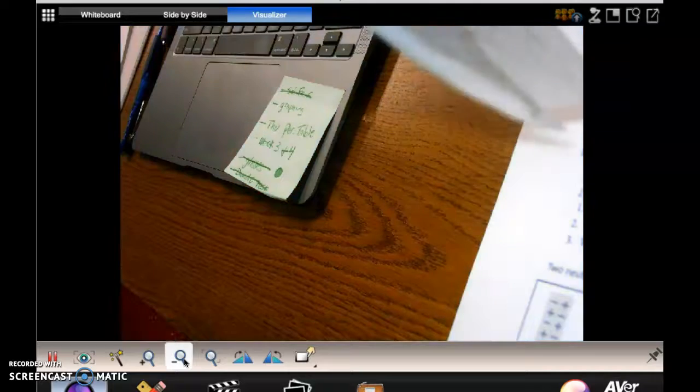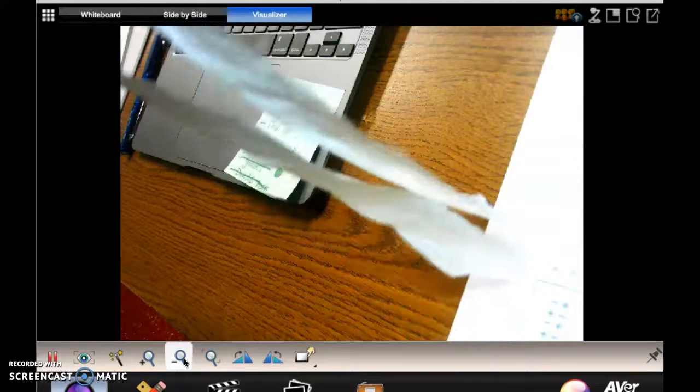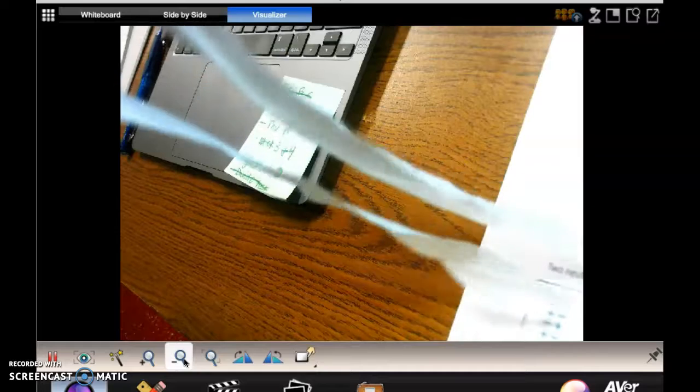So the idea is charge them both up. And then as you draw them together, they're going to repel each other because the electrons have all lined up.